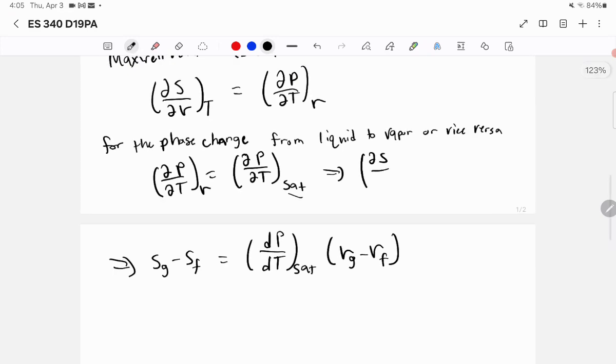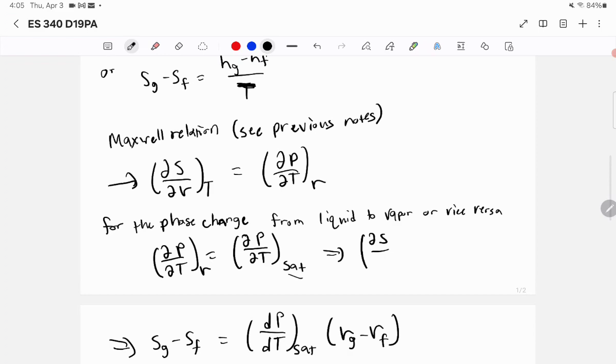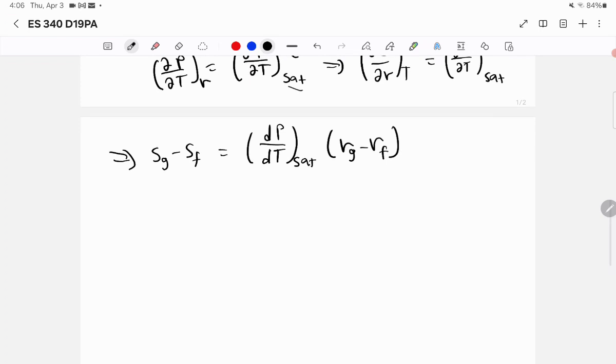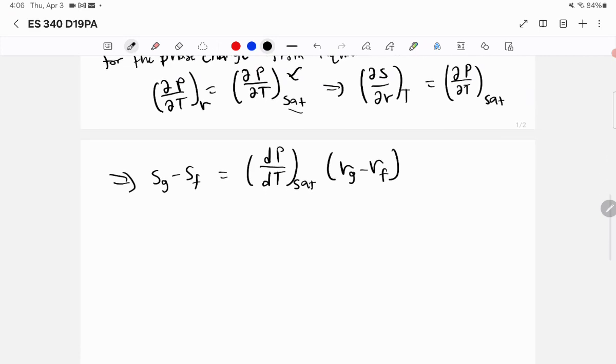This relationship then implies, using our Maxwell equation up here, that (ds/dv) holding T constant must be equal to (dp/dT)sat. To show this, I should actually perform the integral.